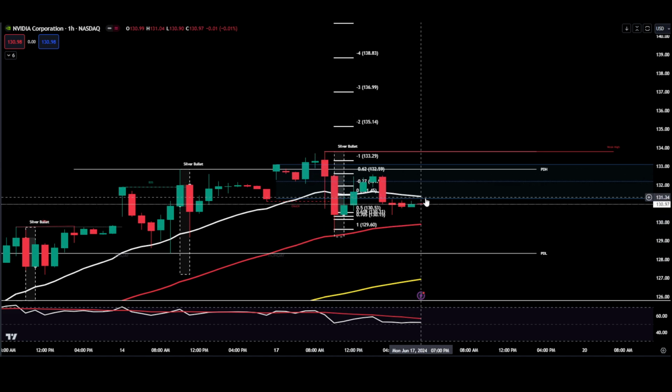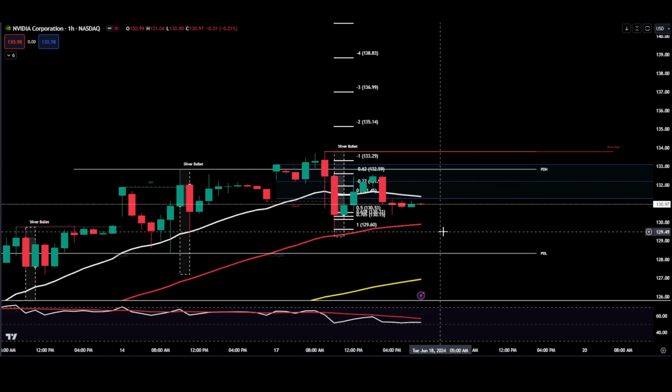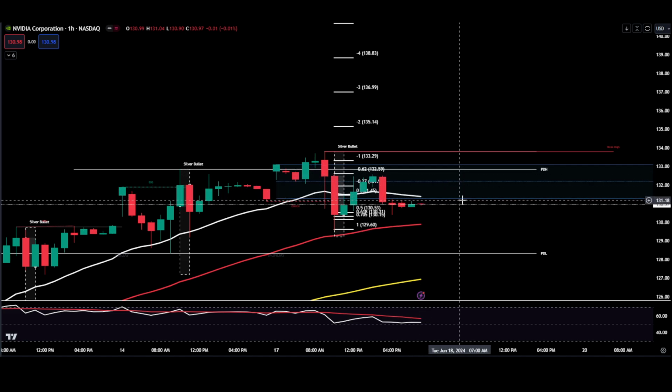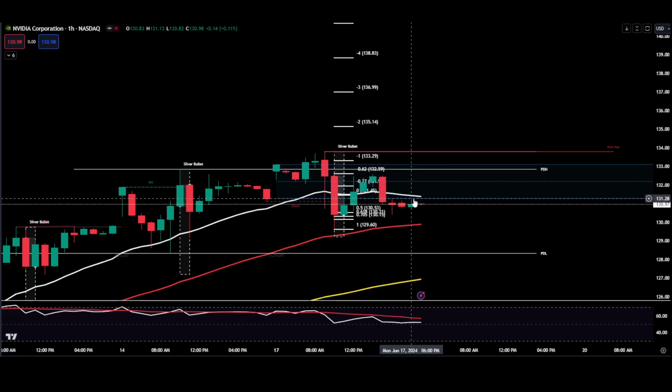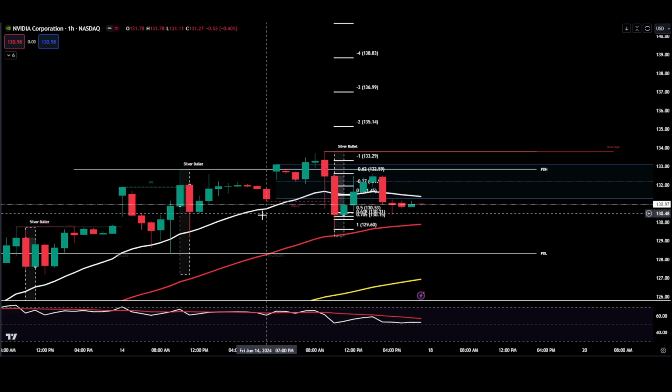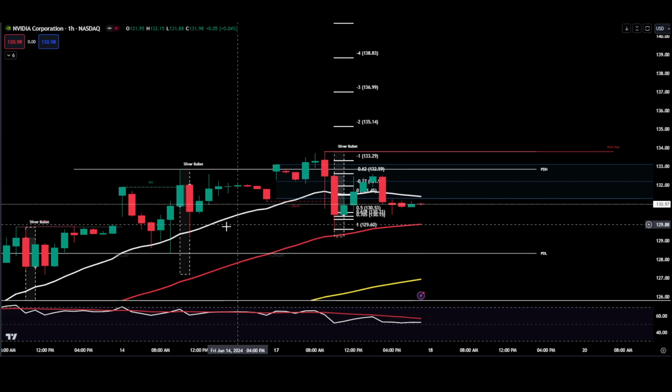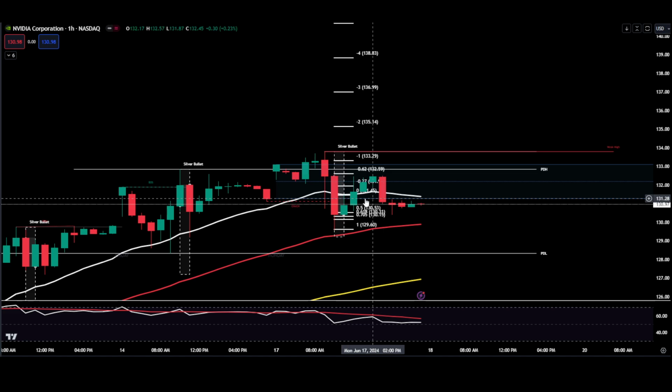But if this 1 hour 20 period, we can't get back above it, right? This is the new week opening gap range here from 131.26 up to 133.10. If we can't get back above that new week opening gap and that 20 period, we're going to push down, and we're probably going to push through this, because you can see as we've had an ascending 20 period, now our 20 period's flattened out and actually started to curve down.